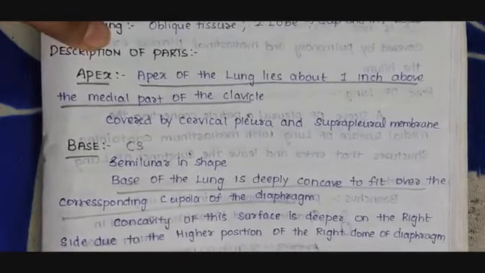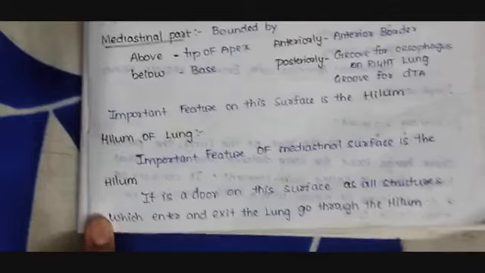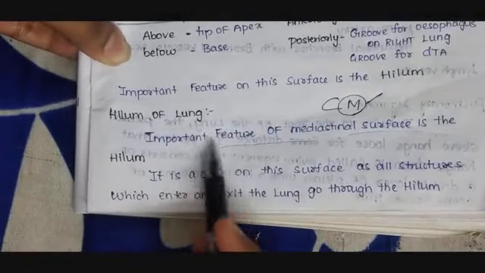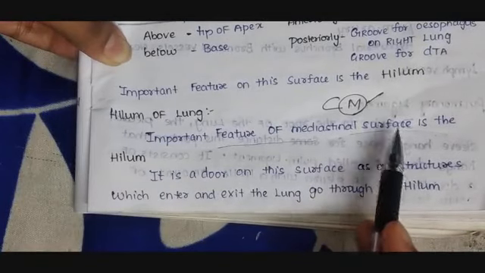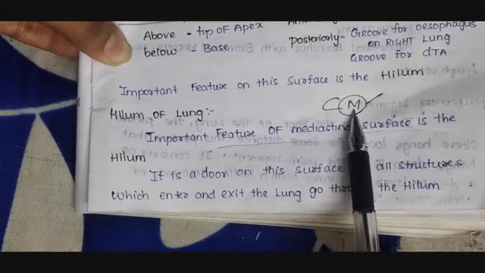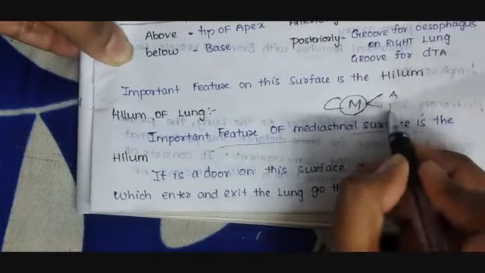Now let us discuss the hilum of the lung and the root of the lung in detail. The hilum of the lung is a very important feature of the mediastinal surface. As I said previously, lungs have two surfaces, namely the costal surface and the medial surface. The medial surface is divided into the anterior part and the posterior part.